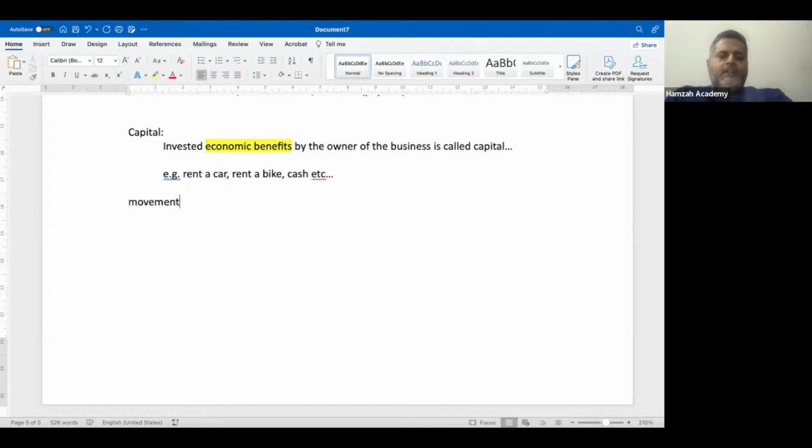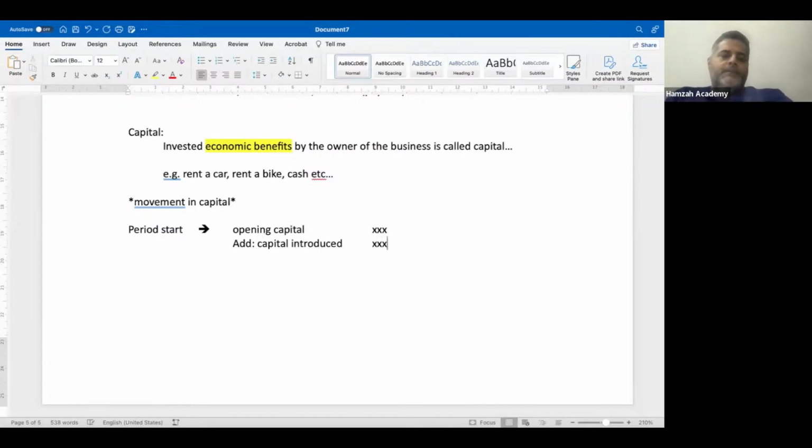Then we have a thing called movement in capital. At the period start, we are going to have opening capital. In that, I'm extending my business, or I have a business extension, so I introduce more capital.